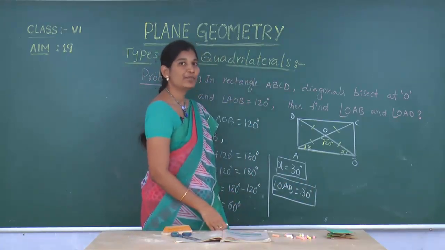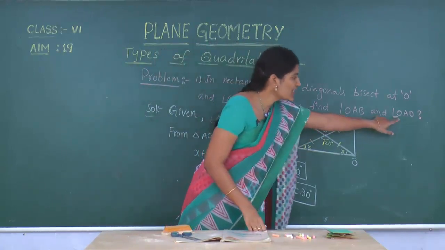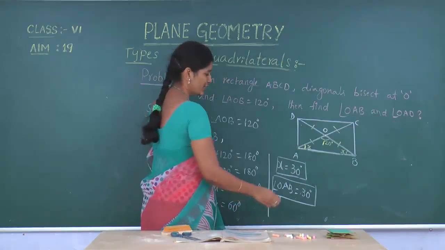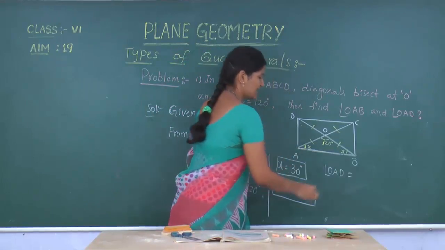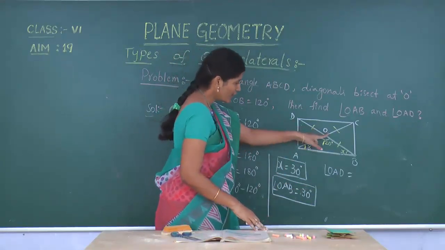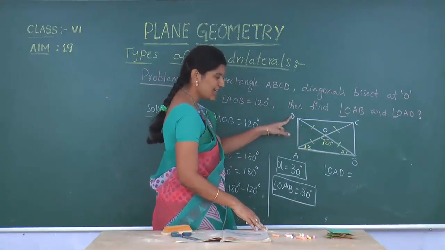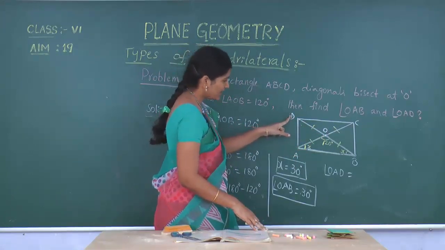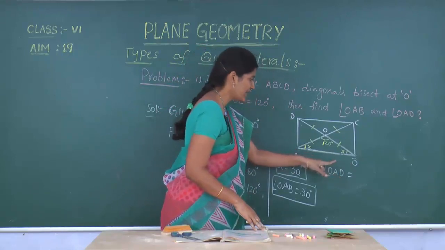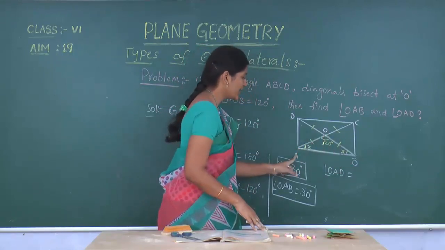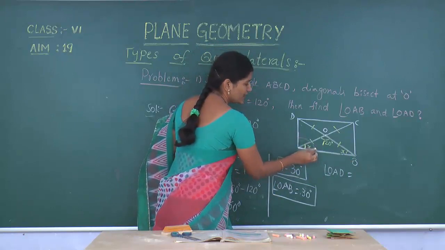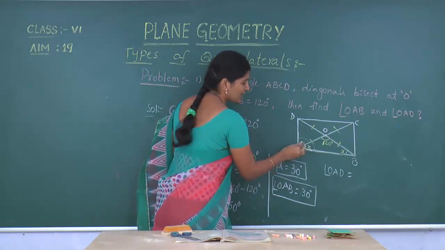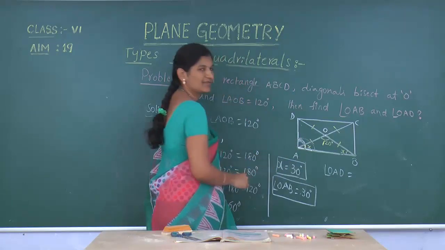And now my last question is, what is angle OAD? We know angle OAD can be written as angle DAB minus angle OAB. From this full angle, if we subtract this one, obviously we will get this portion.